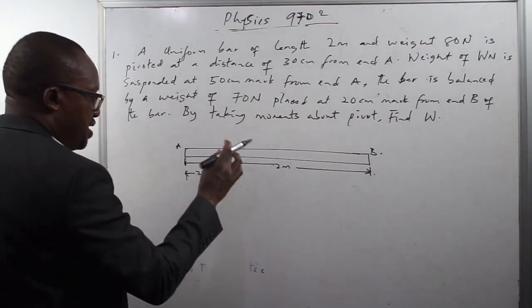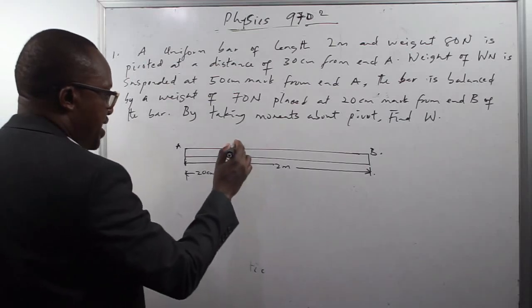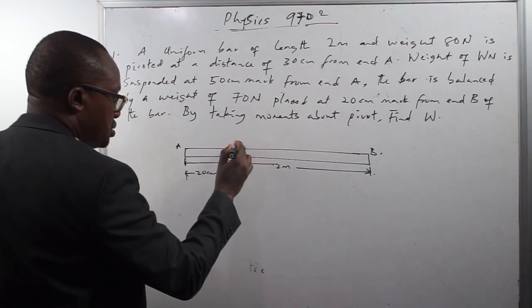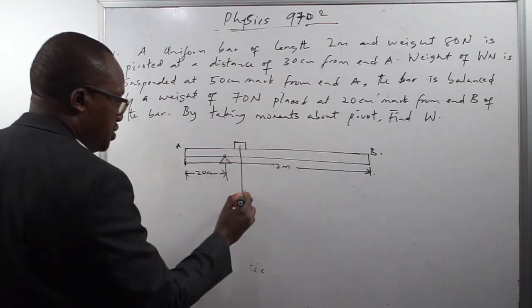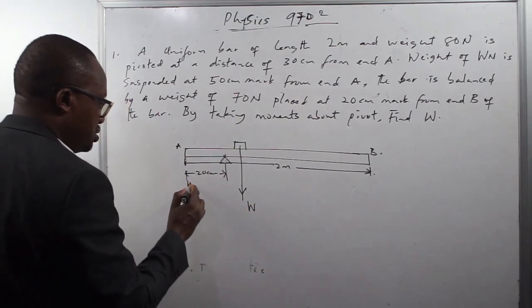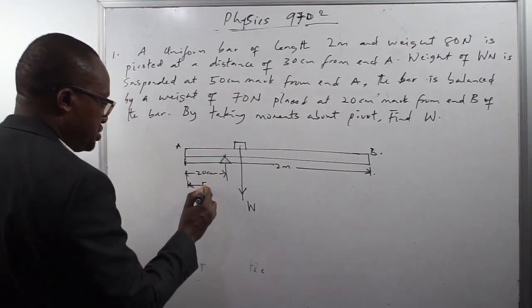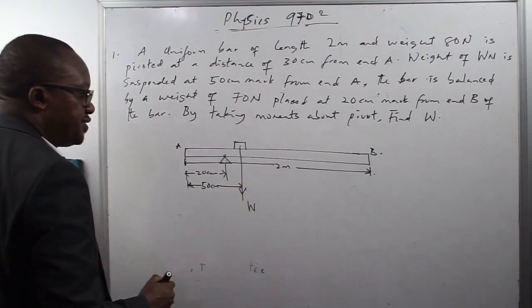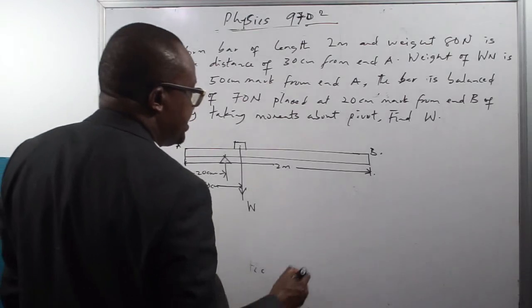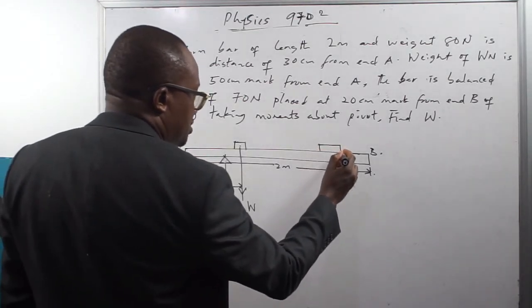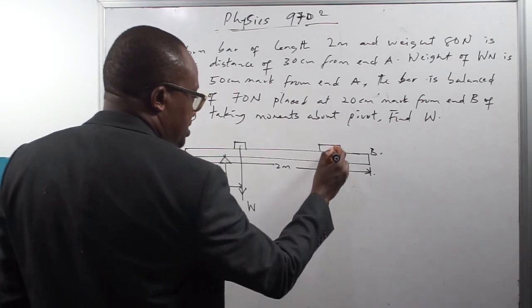So this is where you have the pivot. And the weight W is placed 50 centimeters from NA. It is then balanced by placing a weight of 70 newtons.